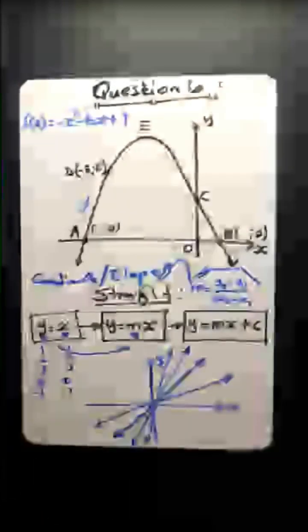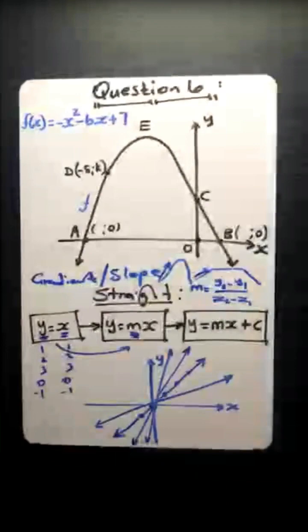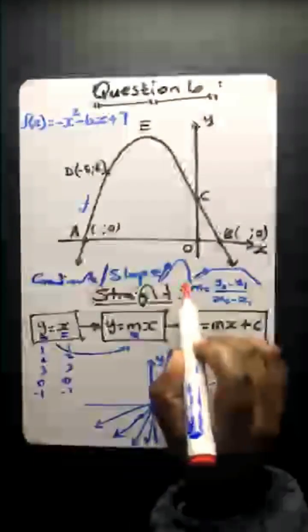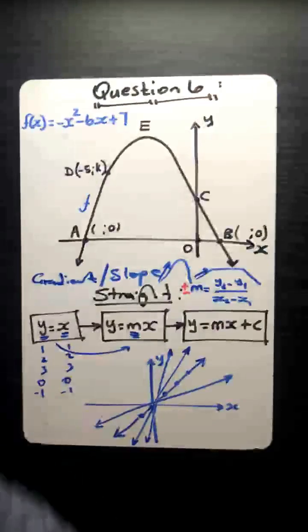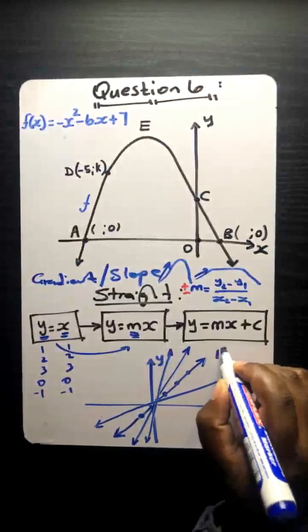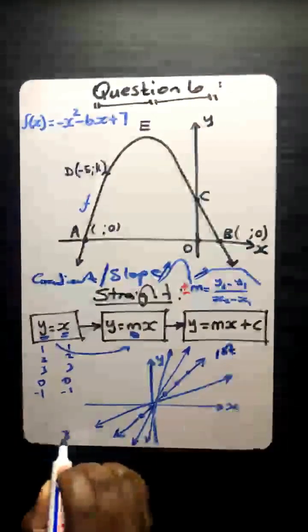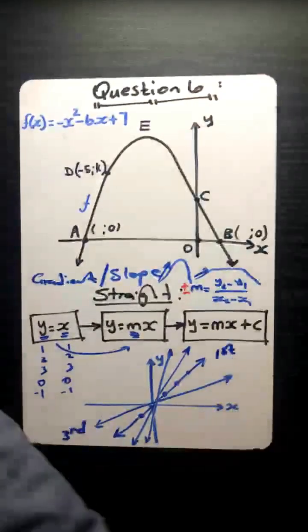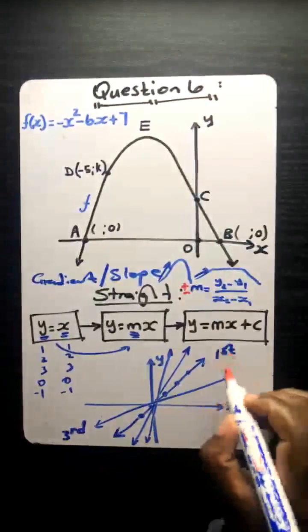Most importantly, honorable members, the gradient can either be positive or negative. How do you know the gradient is positive or negative? That's if you've got a straight line which ends in the first and third quadrant. Those lines will always have positive m.